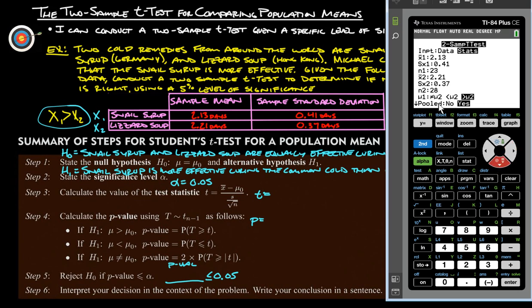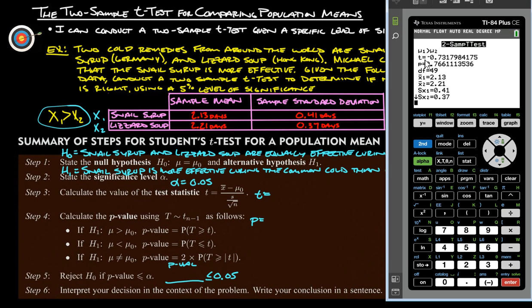There's an option in here to say pooled. For everything that we do in this class, it's always going to be pooled, so just go ahead and pick yes. There are other ways of doing this test without pooling, but for everything we do here, we just click yes. Then we click calculate, and it gives us all this lovely data.